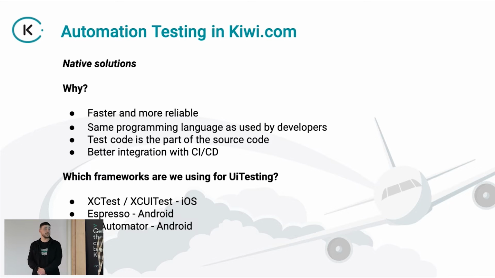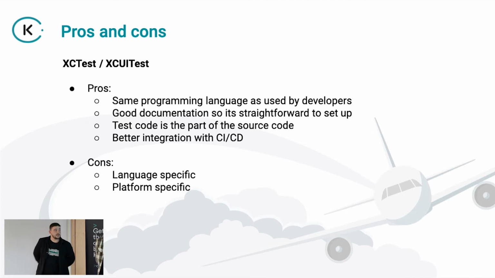Which frameworks are we using? For iOS it is XCUITest, and for Android, we are using Espresso in combination with UI Automator. So what are the benefits of the frameworks? XCUITest is a testing framework for iOS, which is built on top of XCTest.